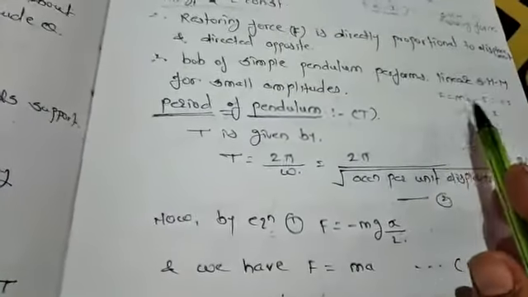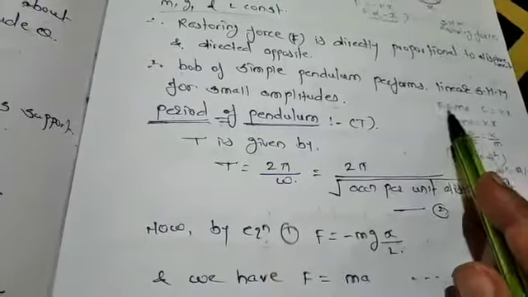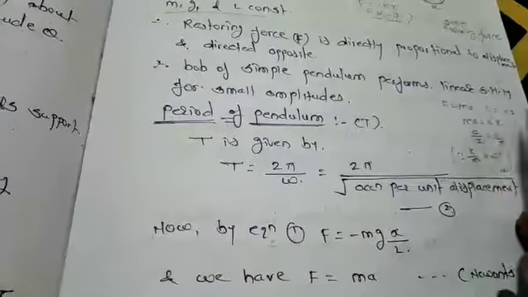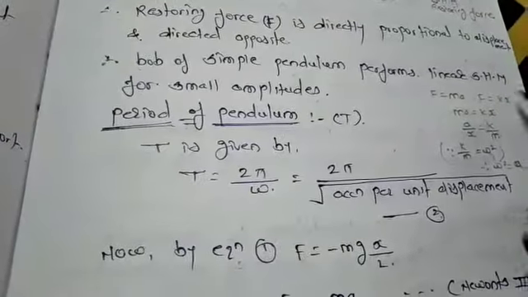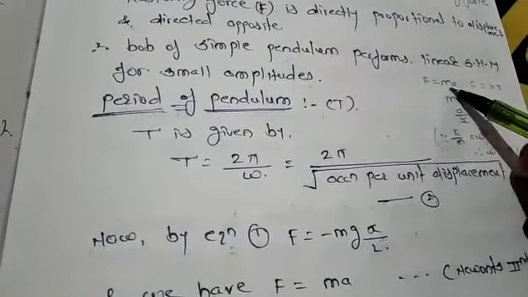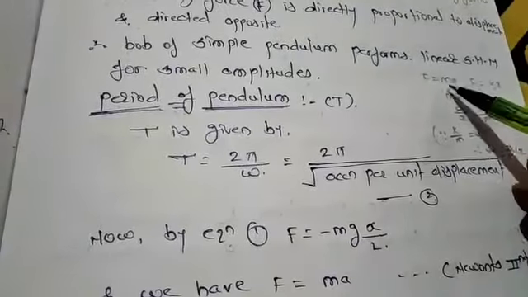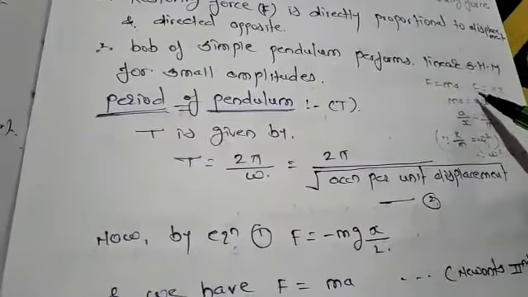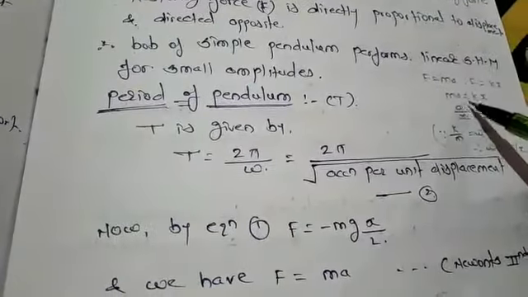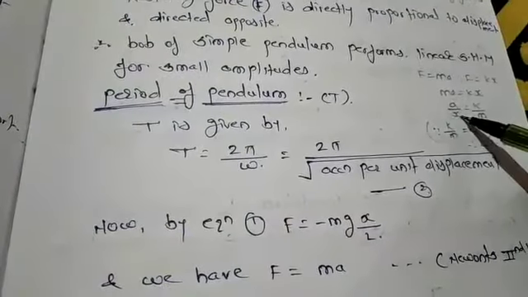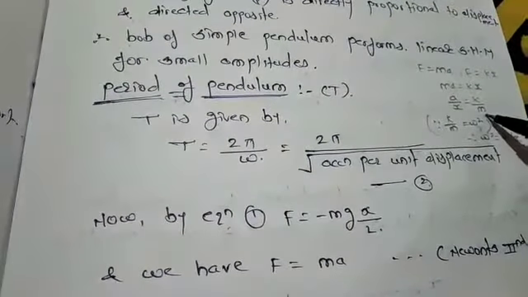In the previous lectures we have seen that F is equal to ma, that is by Newton's law, and F is equal to minus kx. So both are the forces, that's why we can write ma is equal to kx, that is a by x is equal to k by m.